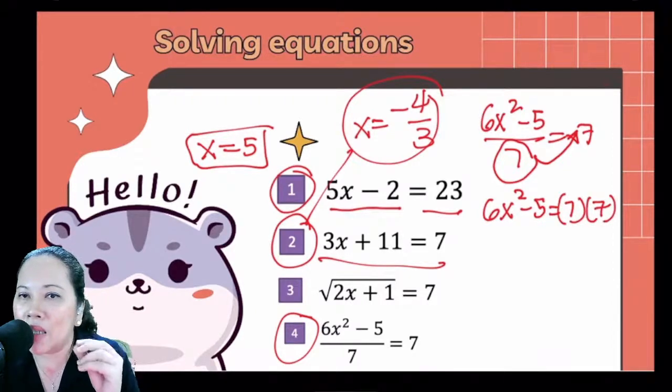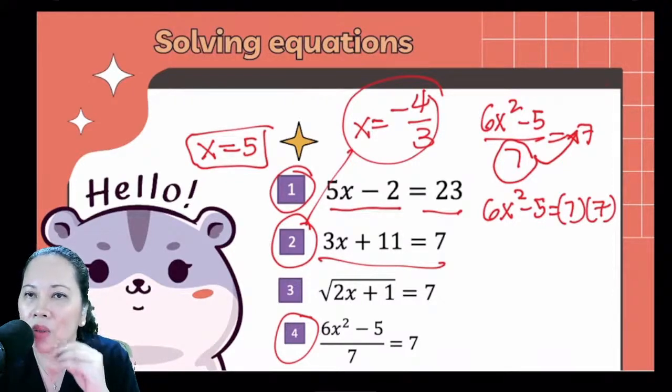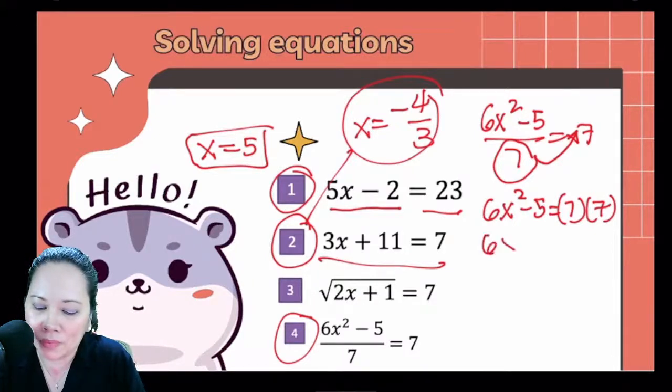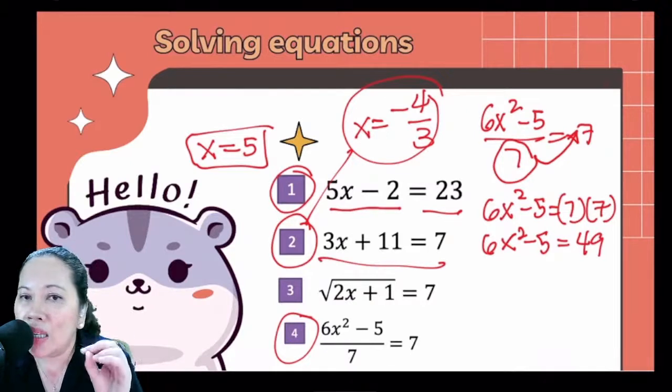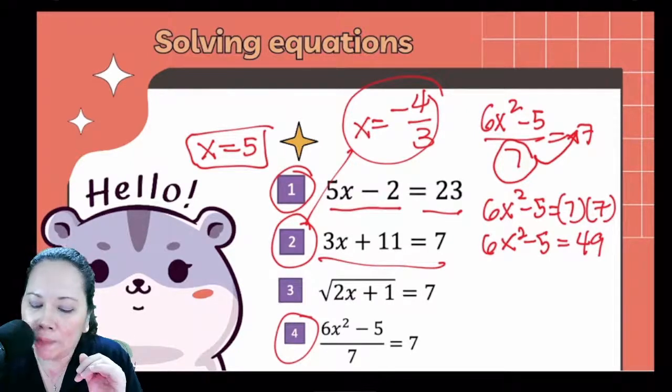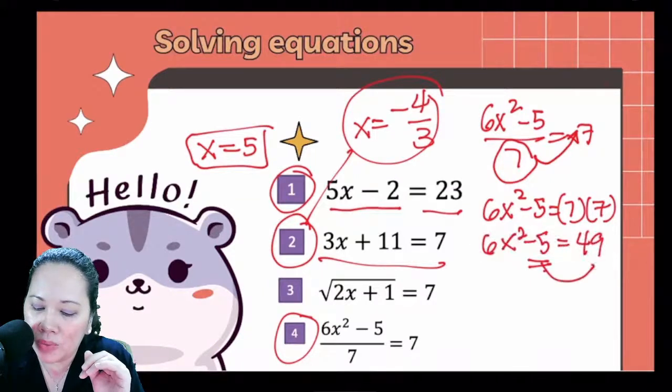So that becomes 6x squared minus 5 equals 7 times 7. So that will be 7 times 7 will be 49. So then you transfer minus 5 to the other side. That will be 6x squared equals 49 plus 5.